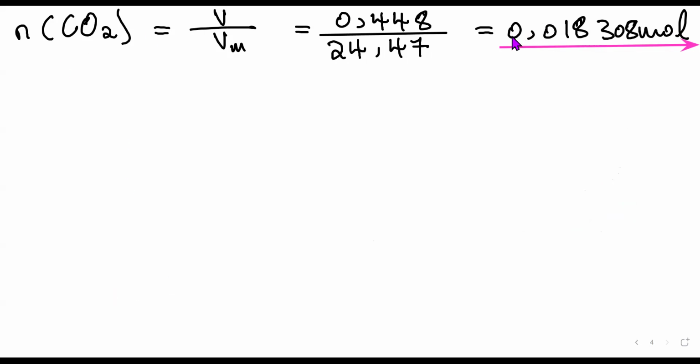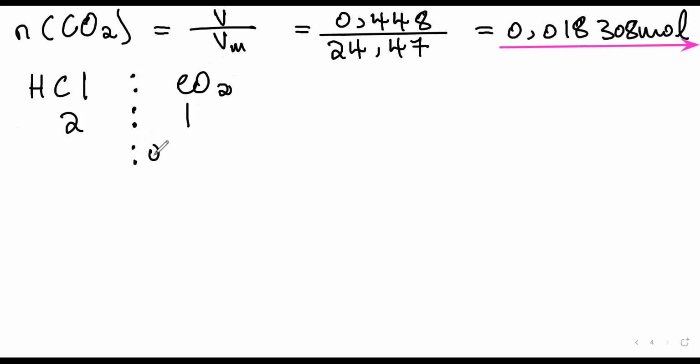Now that we know the number of moles of carbon dioxide gas that were produced, we want to know how many moles of hydrochloric acid were used in order to produce this much. Because we only have information about hydrochloric acid. That's the logic. So, well, the ratio here is actually 2:1.